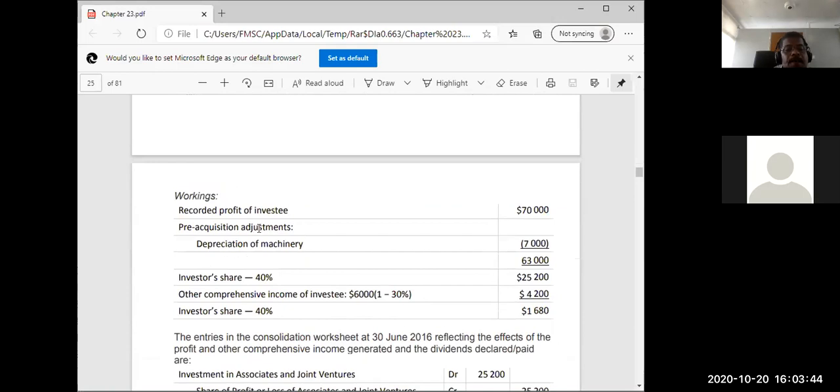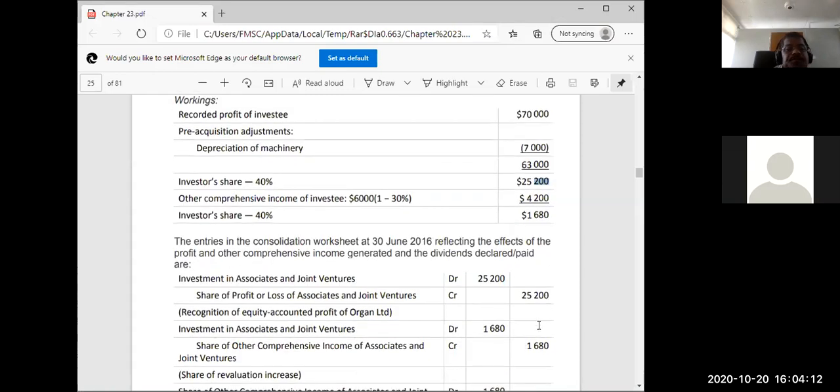Here, other comprehensive income investee 6,000, minus 30%, that is the tax story, and 4,200. So altogether, from that you take 40% here, and from this 63,000 you take 40%.